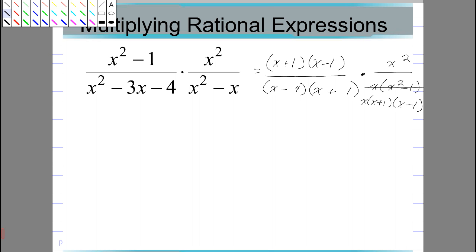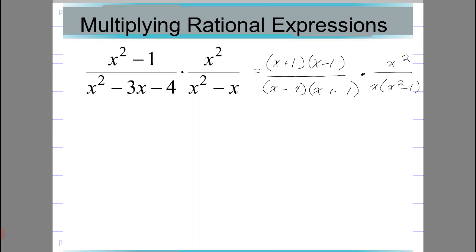Oh, I made a mistake. Go back. There should not be a squared there. So if we factor an x out, we get an x minus 1, not an x squared minus 1. Good, that'll work out better.